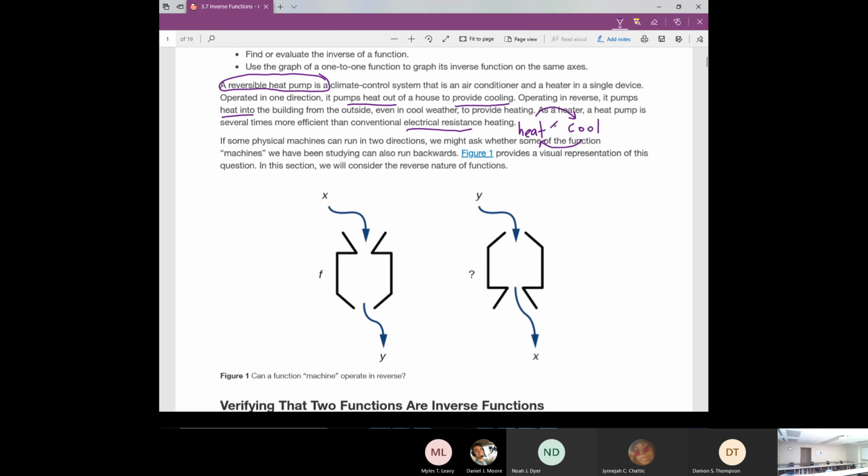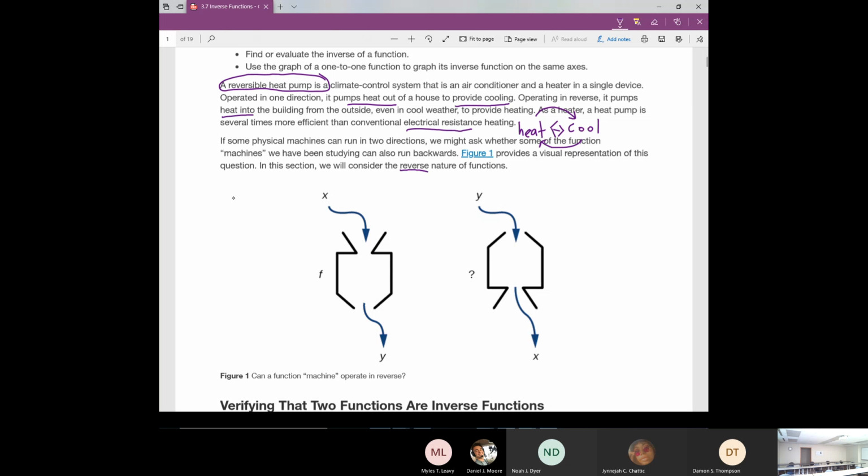And inside that machine, it can reverse. It can make this part cool or make this part cool. And the part inside the house, you can make the house cool or make the house hot. So there's an example in real life of an inverse function. Basically, you can run in reverse. So doing something in reverse mechanically.